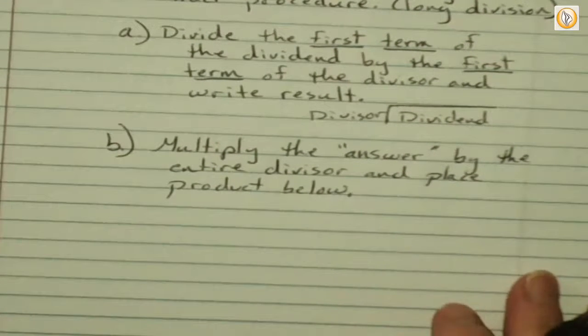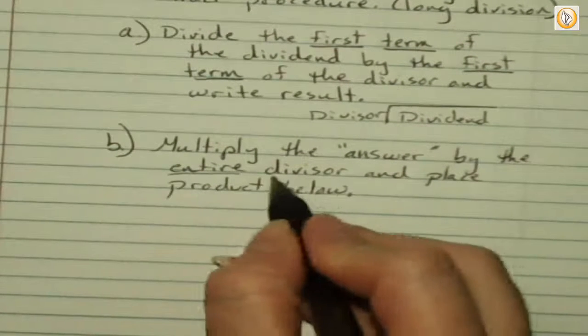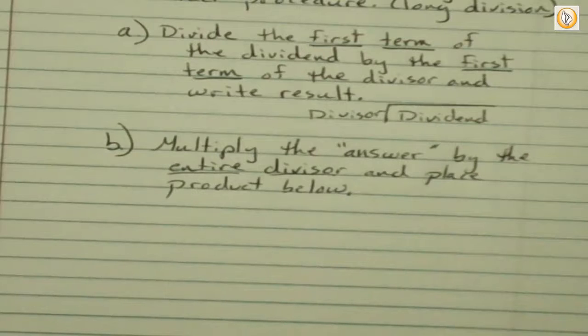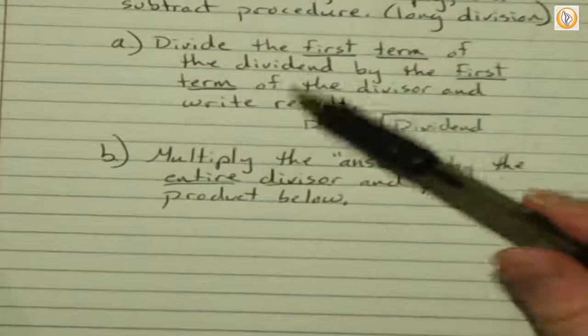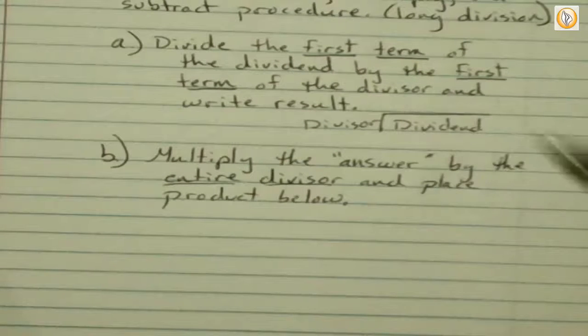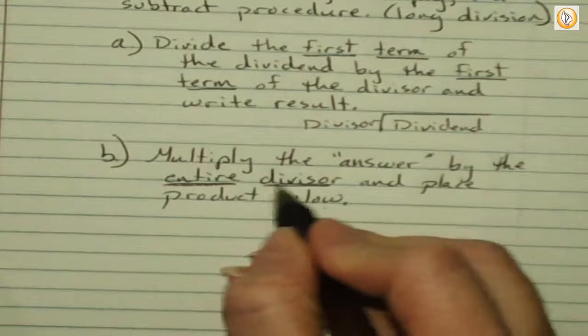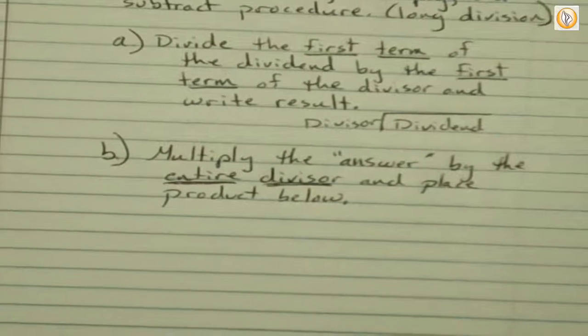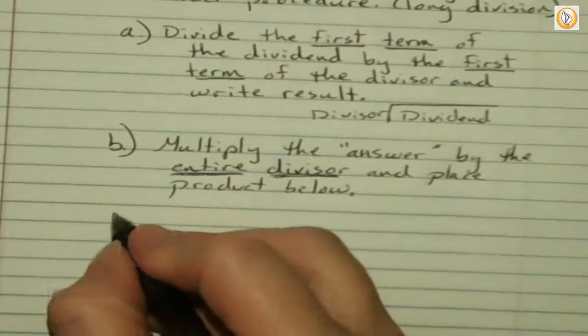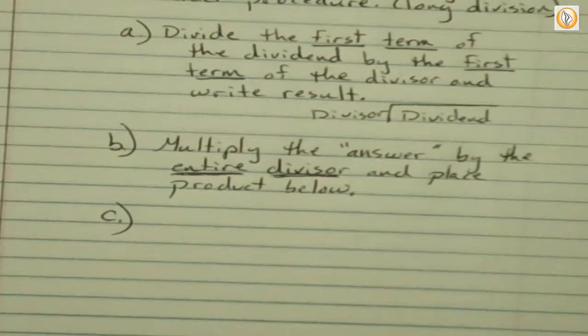Okay, multiply the answer by the entire divisor and place product below. Sounds like I'm teaching you basic long division. This part right here is the weird one, and this right here is going to make sense later. It's kind of the same principle of long division, but it's just weird looking.